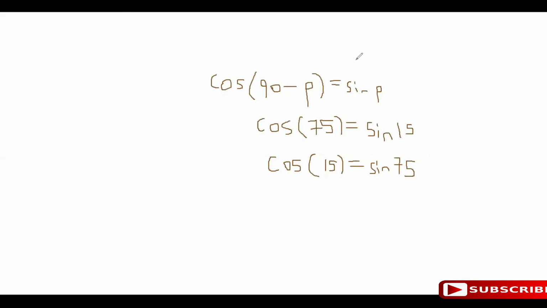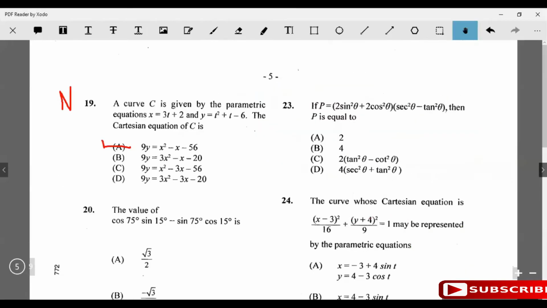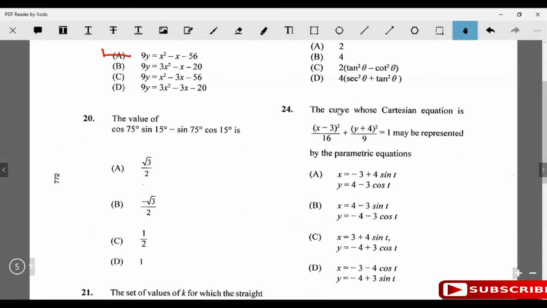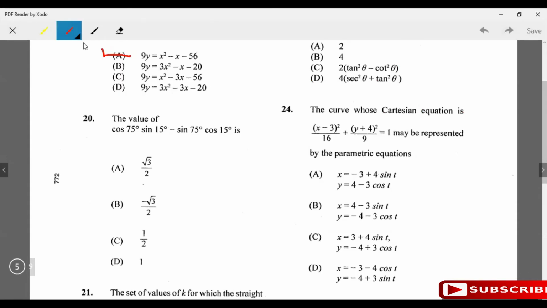Right? So let's go back to the question now. The question said, find the value of cosine 75 sine 15 minus sine 75 cosine 15. Now I just showed you that sine 15 is the same as the cosine of 75.